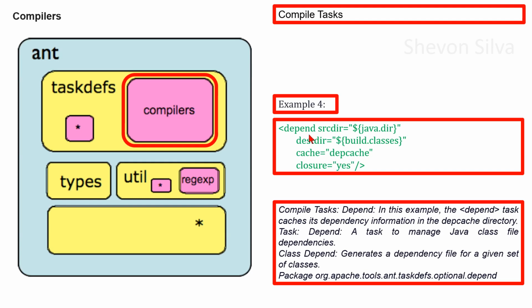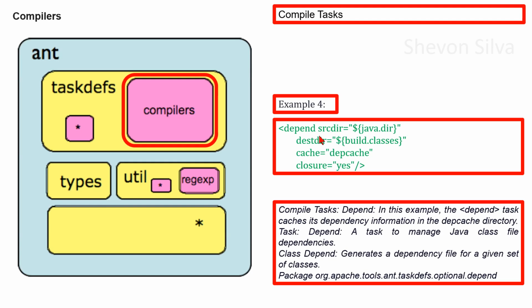The task depend is a task to manage Java class file dependencies. With regard to the API, the class Depend generates a dependency file for a given set of classes. This is in the package org.apache.tools.ant.taskdefs.optional.depend.